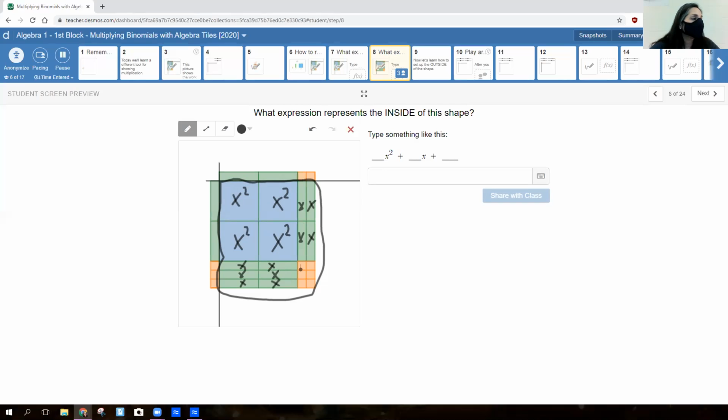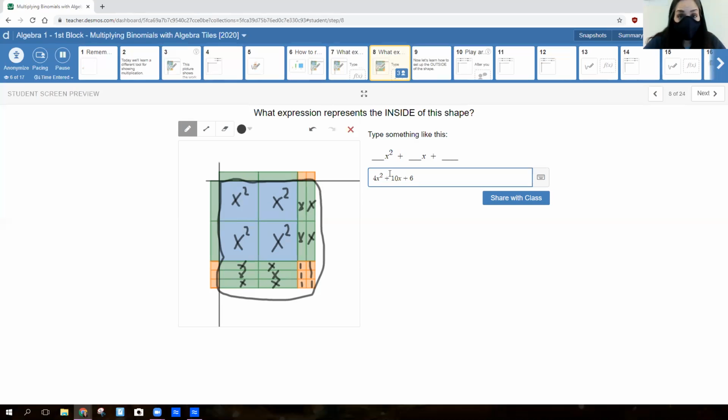And then all these little ones down here. All right, so looks good, everybody. Y'all have the same thing, which is correct. So 4x squared, because you have 4 of those blue ones, plus 10x plus 6.